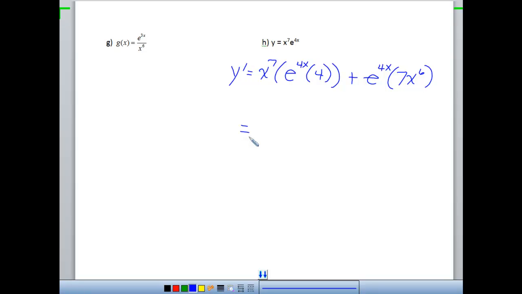All right, and then factor out if we can. Again, it looks like we can factor out e to the 4x and x to the 6th. We're going to be left with 4x plus 7.